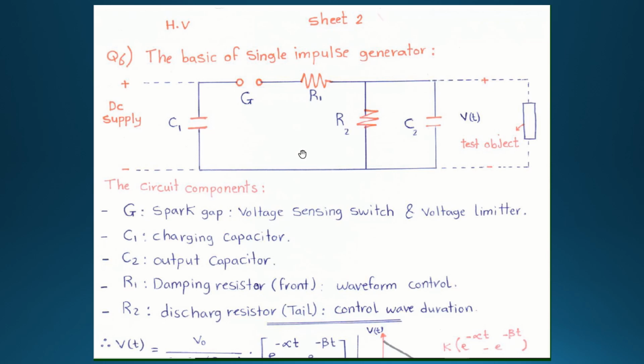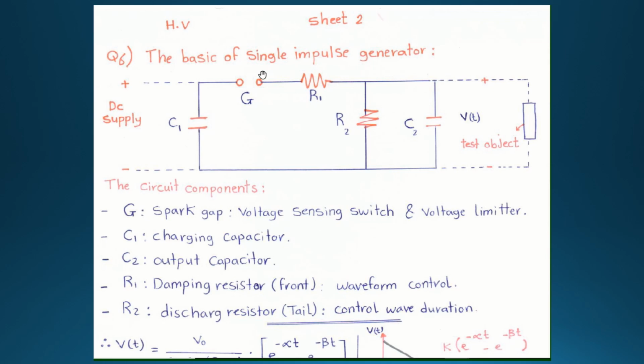Moreover, we have a DC supply over here. Now let's become familiar with the individual components. First and foremost, I would like to introduce the spark gap, which is G. The duty of a spark gap is that it is a voltage sensing switch. It acts as a switch, and we can say that it is a voltage limiter.